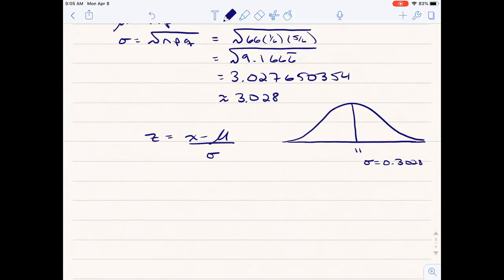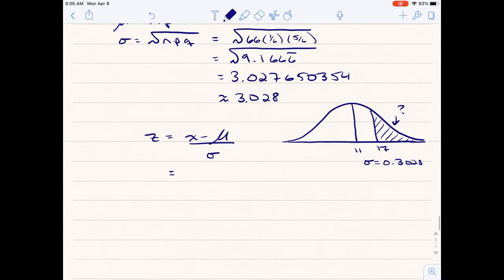And we want the probability of 17 or more. So 17 is going to go somewhere here, and or more is the area above. So this is the area that we want. Now we're back to those basic z-score calculations where we use the z-table to find the area under the curve.